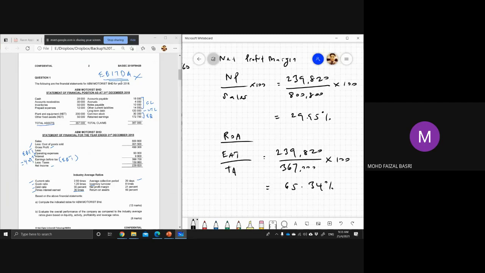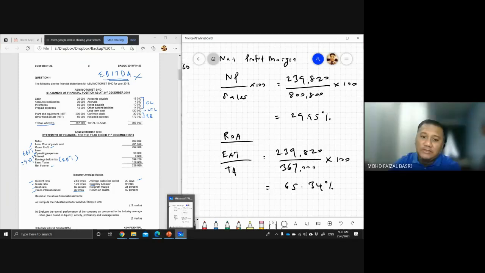So again, compare against the industry average, which is only 50%. So therefore, we can conclude that this company, ABM Motoris, has a better return on assets as compared to the industry average, which indicates that the company is better in utilizing its total assets in order to generate the net profits, which is a better indicator of returns to the shareholders.